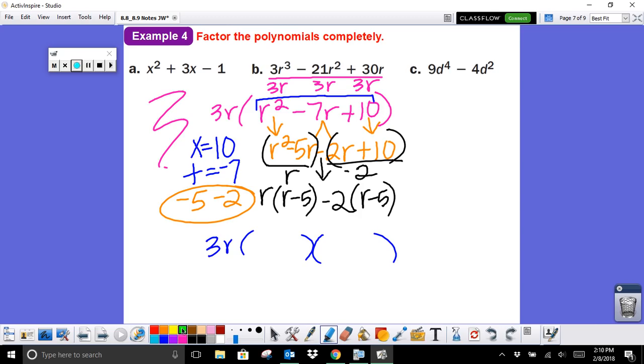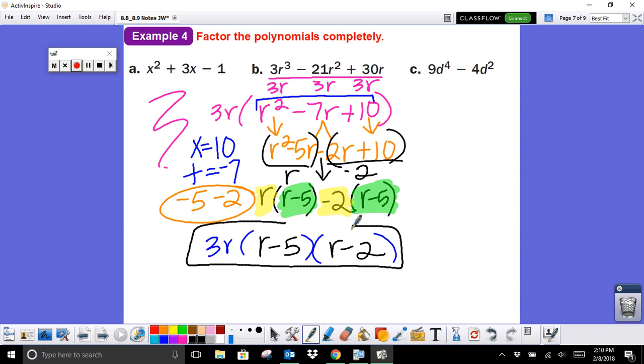So remember how we write our answer here: what we have in our groups gets written down once, and they're the same, so we did it right. So we've got R minus 5, and then I'm going to write down what's left, which is R minus 2. And don't forget about that 3R that we took out from the very beginning.